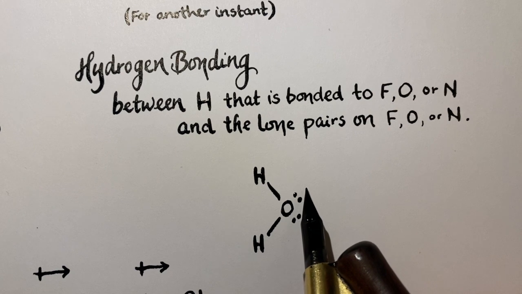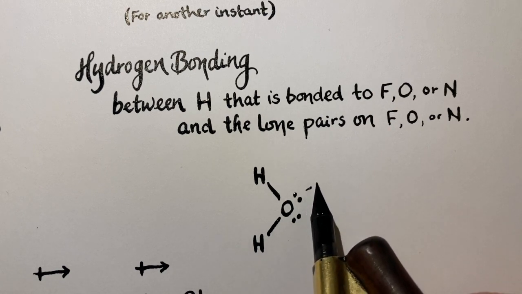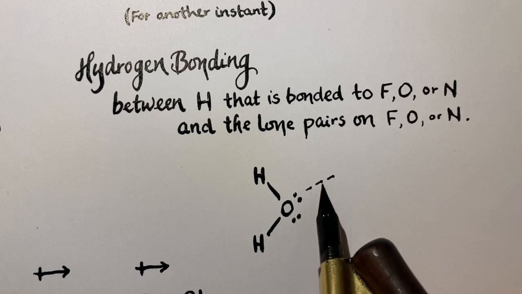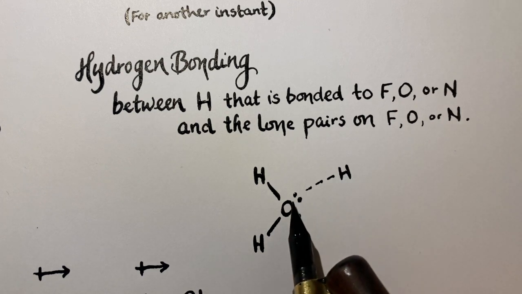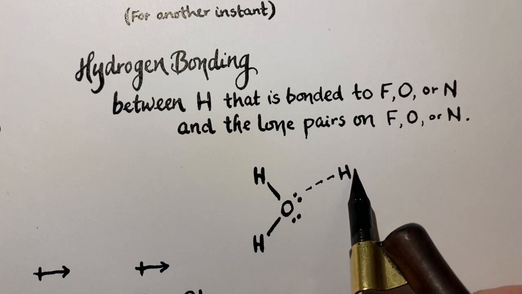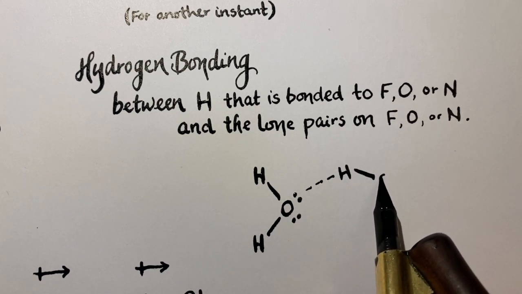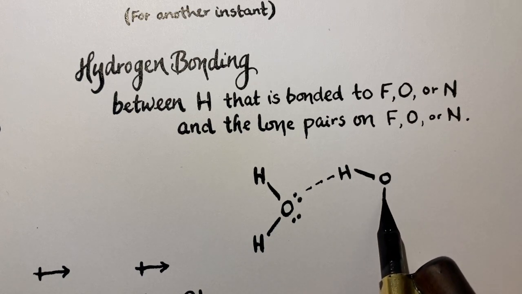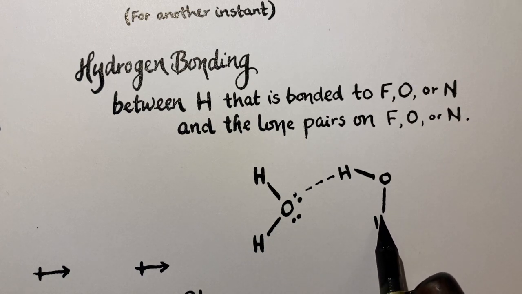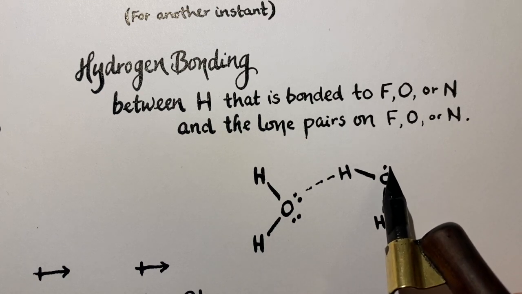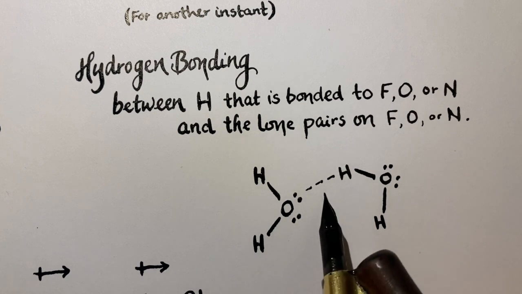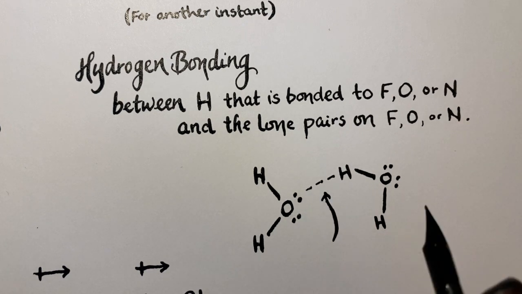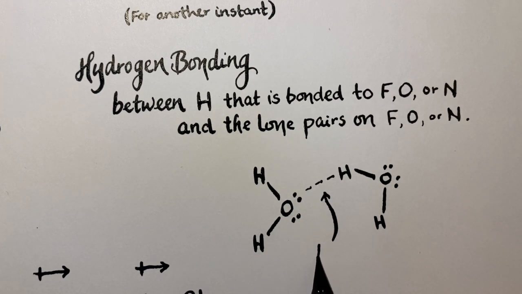So what that then allows is, and I'm going to draw with a dashed line, that there could be a strong interaction between the lone pair on that oxygen and hydrogen on a neighboring molecule of water. Okay, so here specifically this interaction is our hydrogen bond.